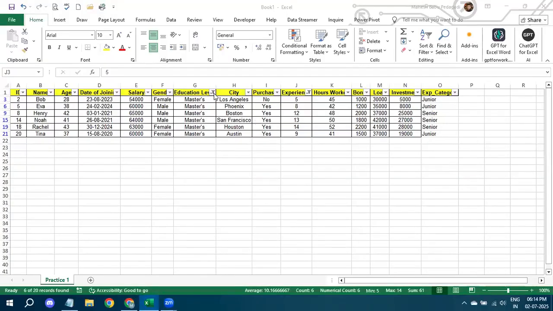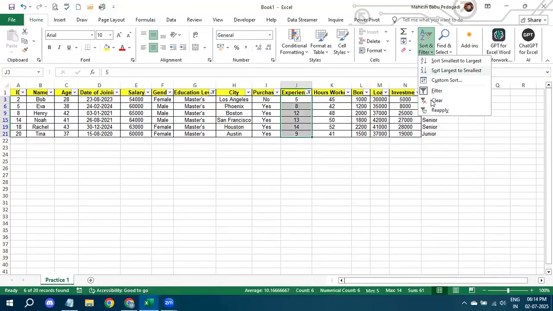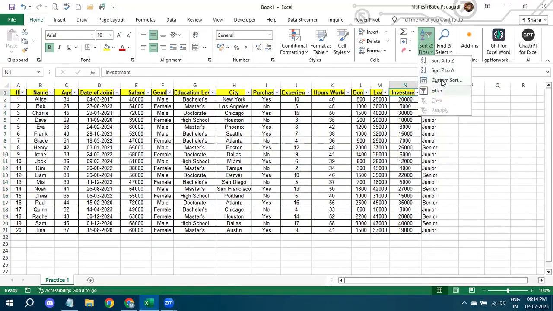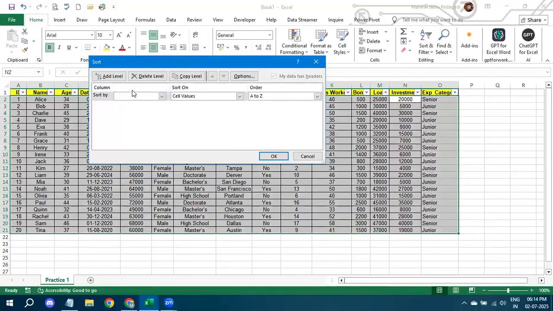Clear, guys? If you notice here, when I apply the filter, do you see this icon? A filter icon is applied on these particular columns. Clear? From the drop-down, you can say clear filtering. You can also use custom filtering, guys, to sort the data.